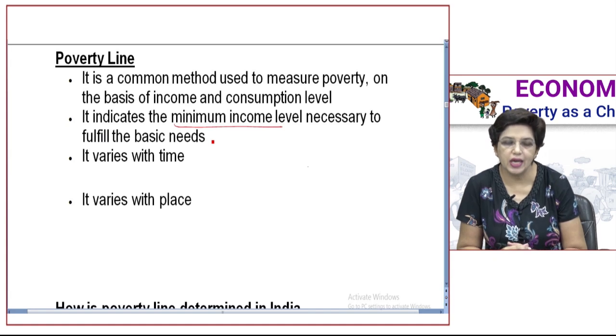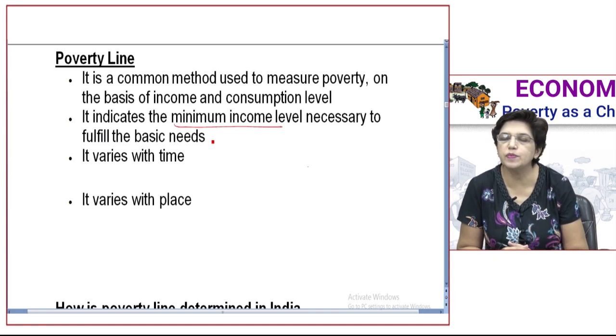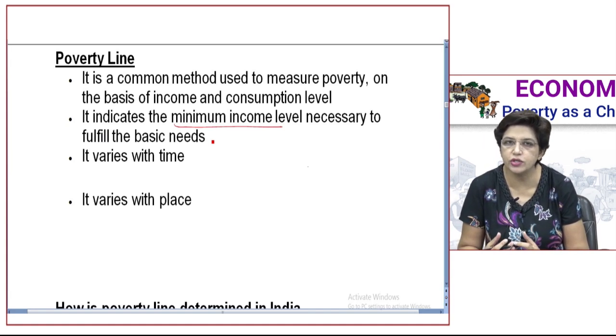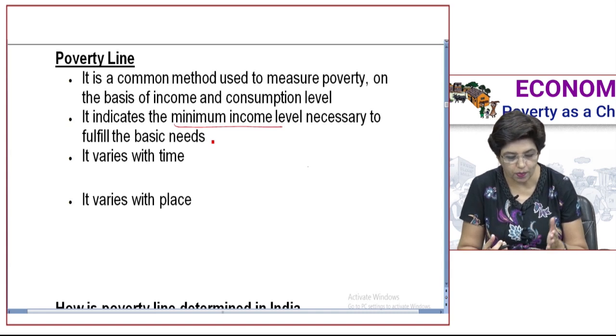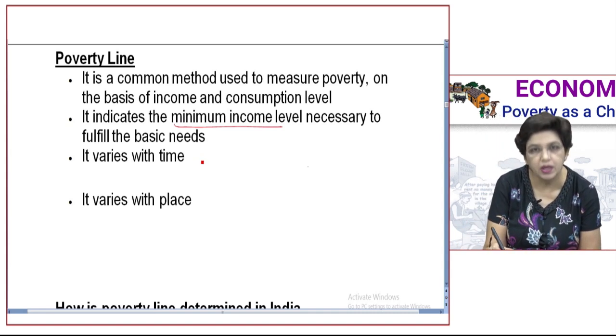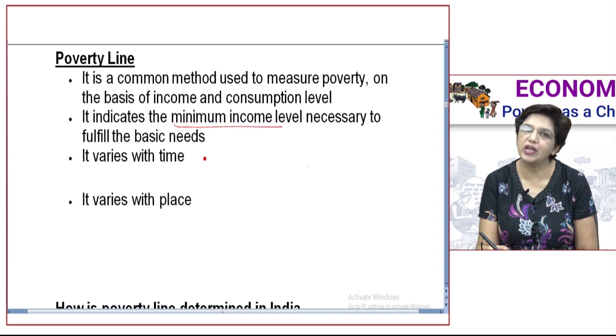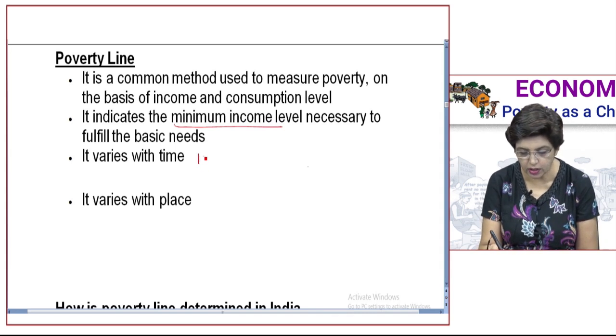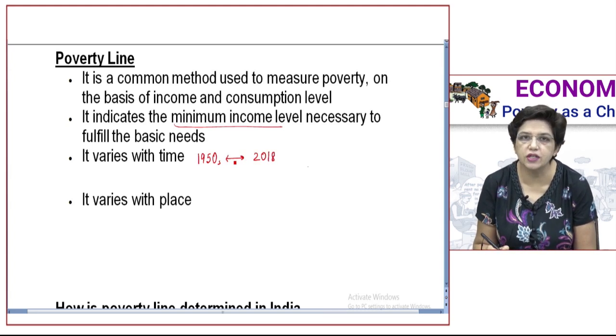Every country periodically decides its poverty line, and it changes from time to time. So the poverty line varies with time. Obviously, this is because of the inflation rate. Whatever the rates of commodities were in the 1950s, if you compare them with 2018, there would be a drastic difference.